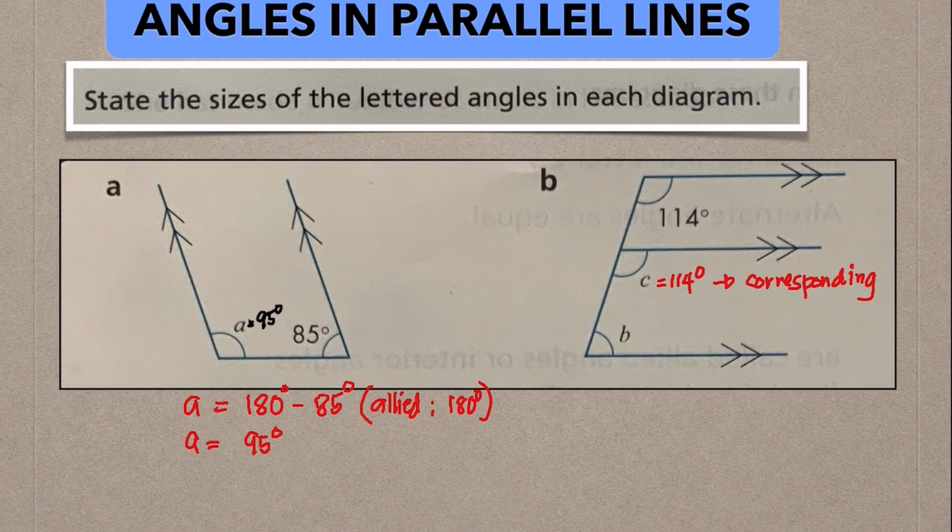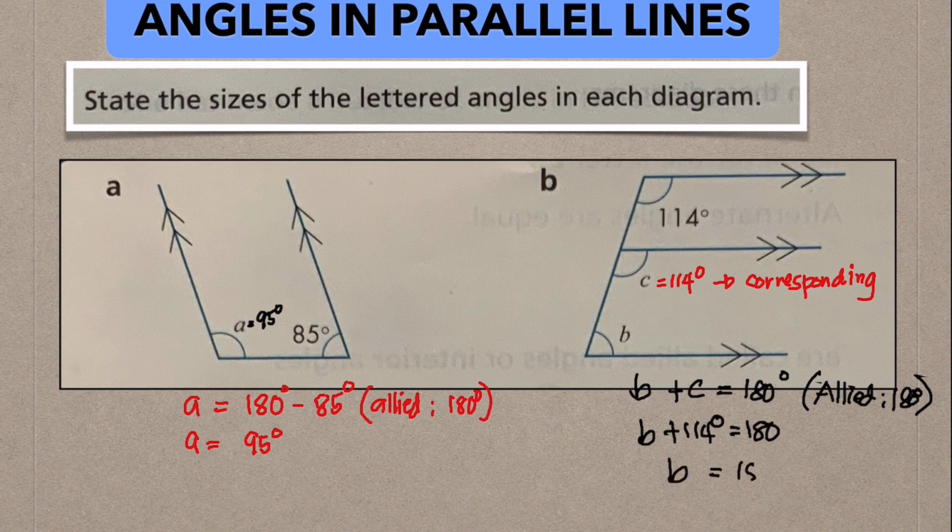Now look at B and C and the relationship between them. They are allied angles, therefore B and C add up to 180 degrees, meaning supplementary. So B plus 114 degrees is equal to 180. Therefore, 180 minus 114 degrees, B is equal to 66 degrees.